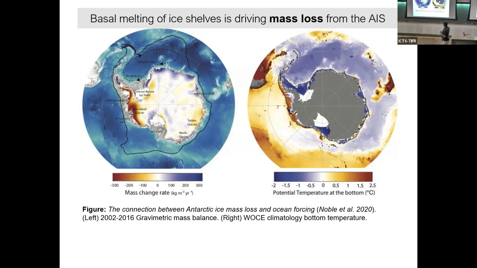You can see these are the places with shallow bathymetry where the temperature is really high, and that corresponds to high melting. On this side the temperature is still lower than the freezing temperature, so you get gaining of ice, and this is losing of ice.